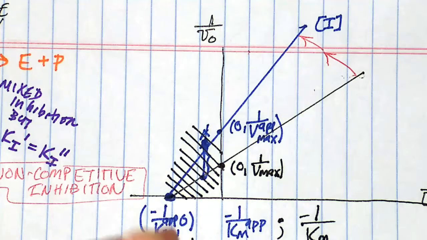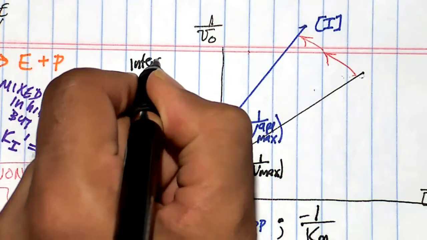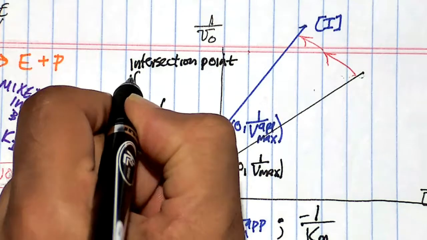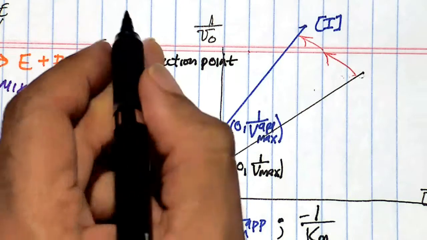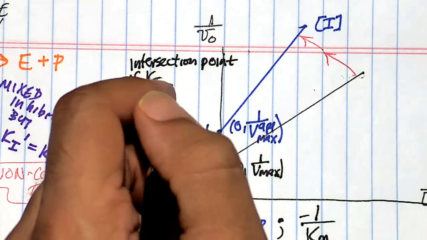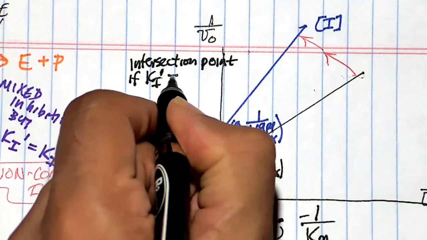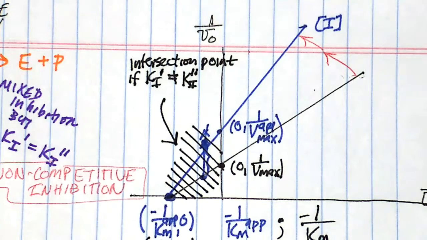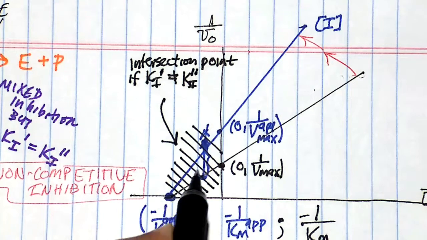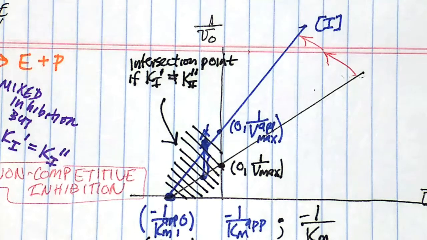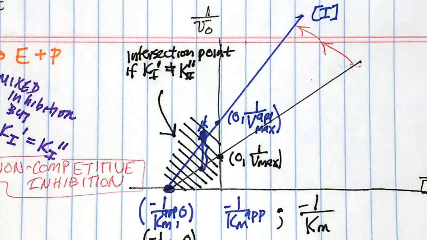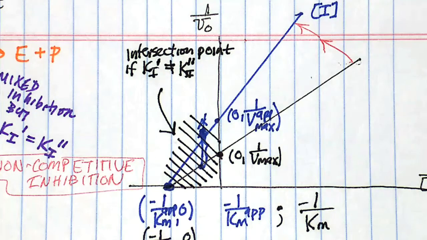So these striped lines mean the intersection point. If the dissociation constant of the competitive inhibitor aspect of your mixed inhibitor does not equal the uncompetitive inhibitor aspect, it's going to intersect somewhere here in the second quadrant. And depending on where it intersects, your Km will either increase or decrease.